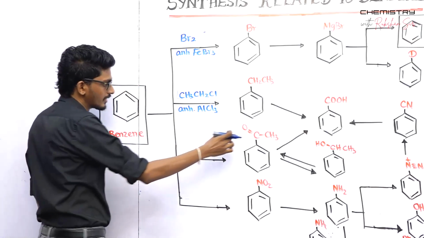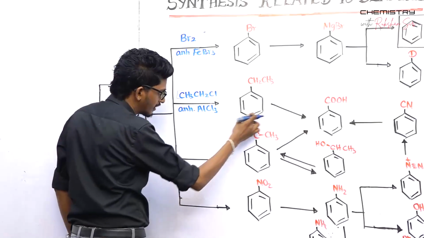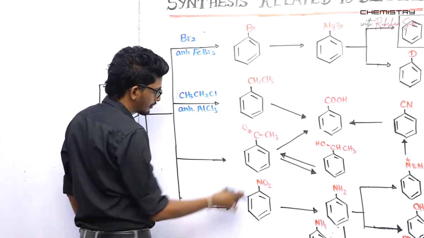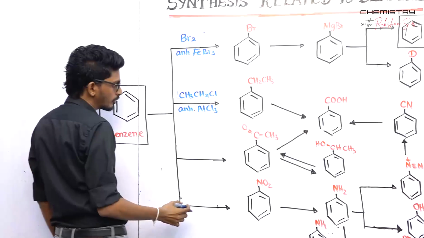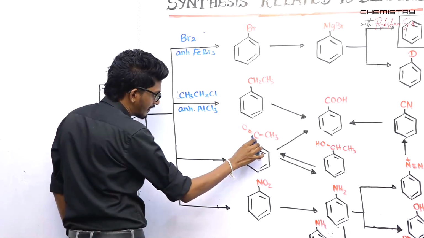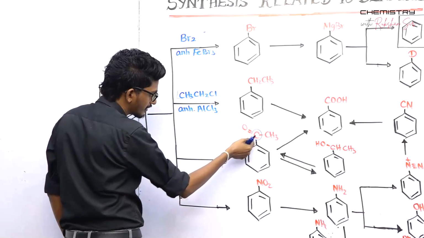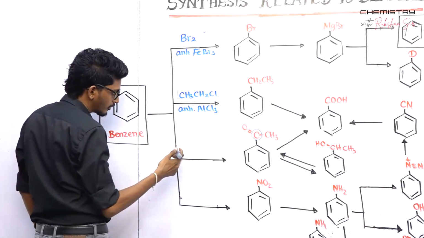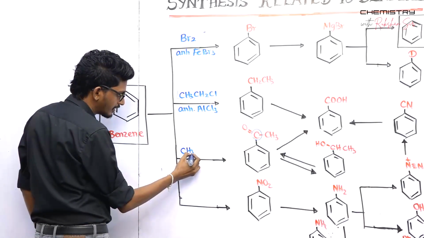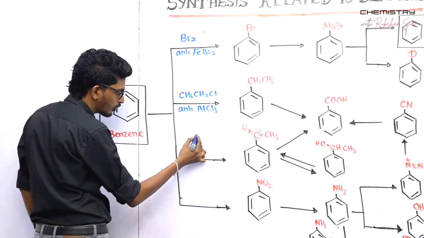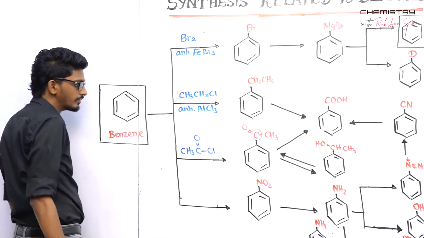Then you can connect a ketone group to the benzene ring. To do so, add the reagent CH3C=O Cl, with the Cl to leave.